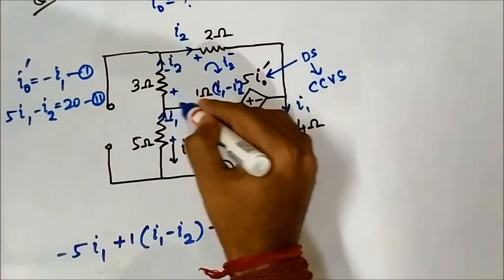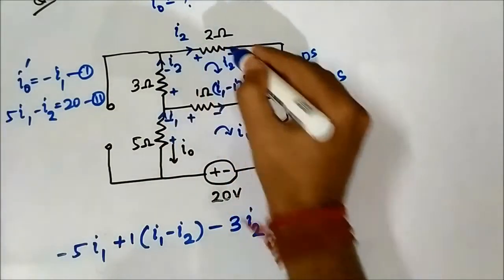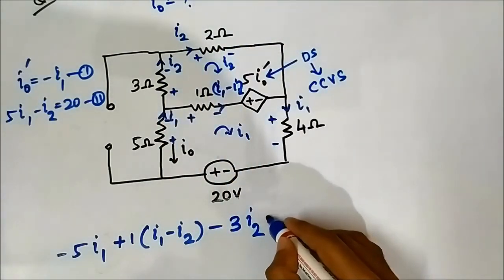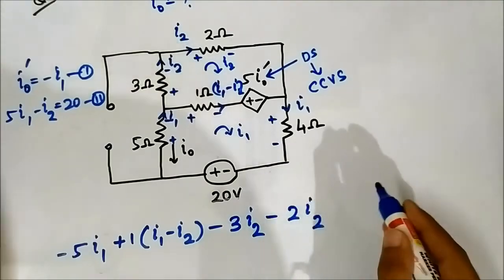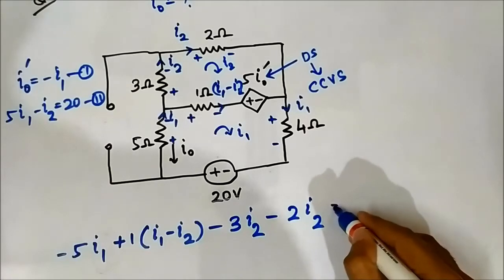So minus 3 I2, then minus 2 I2 is equal to 0.